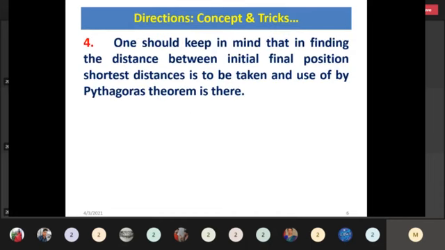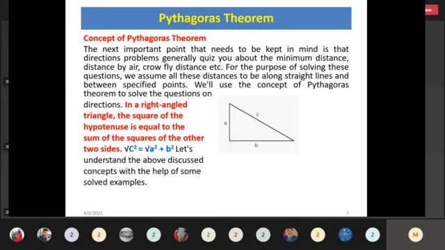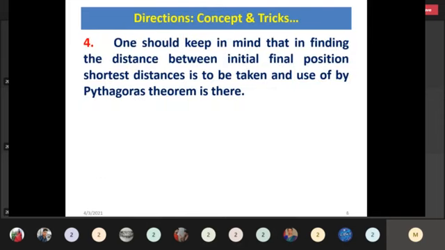Under the concept and tricks, the 4th point is that one should keep in mind that in finding the distance between initial and final position, the shortest distance is to be taken and the Pythagoras theorem is used, so that we can learn. I'll tell you what we mean by the Pythagoras theorem. Once again, I'll read this out.